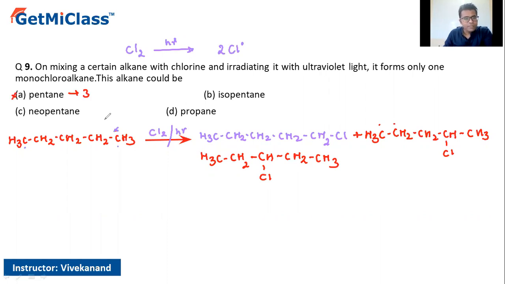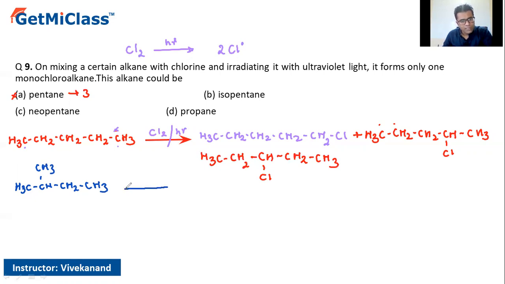When we take into consideration isopentane, we are going to have CH3, CH, CH3, CH2, CH3, carbons 1, 2, 3, 4, 5.